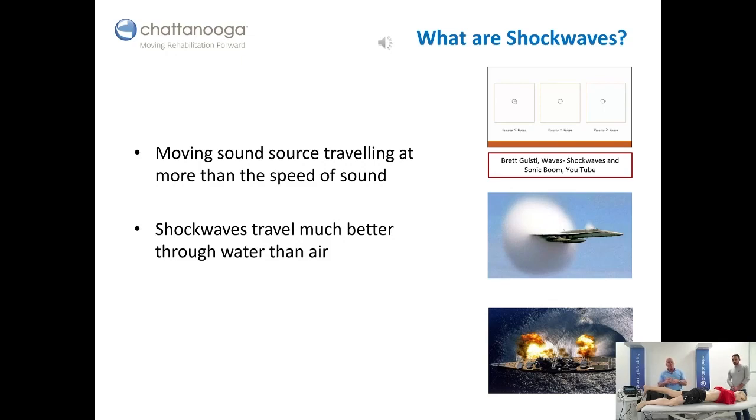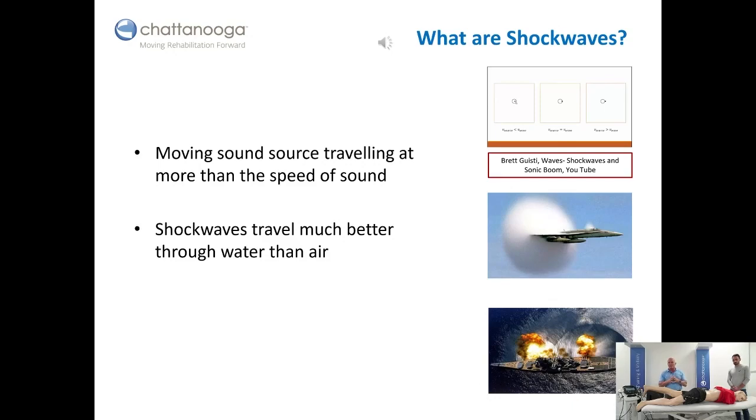Now those shock waves we hear as a sonic boom. But they don't travel that well through the air. They do travel very well through water. And if you look at the bottom picture, you can see an example of that. As the ship fires its guns, it creates a shockwave, an arc of shockwave in the water.